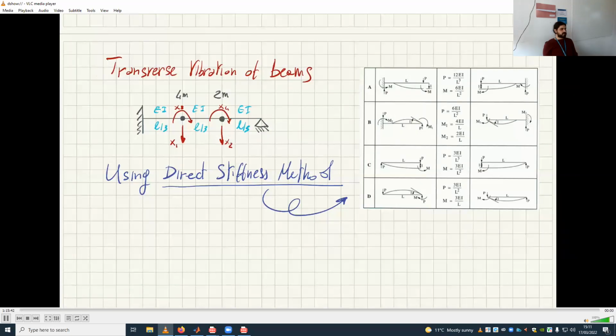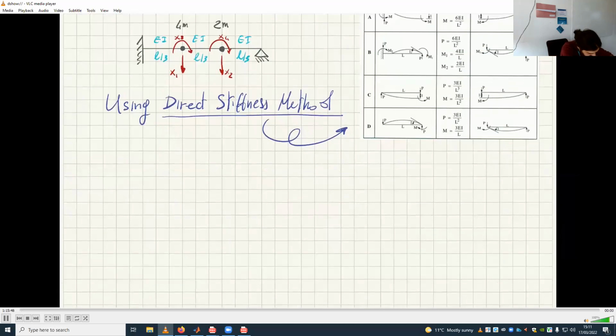So the stiffness matrix of this beam would be a 4 by 4. I can already start blueprinting my stiffness matrix. This will be 1, 2, 3, 4 along the rows and 1, 2, 3, 4 along the columns.